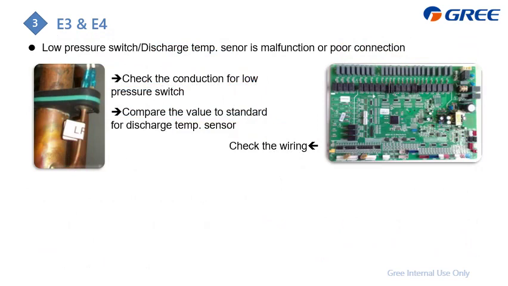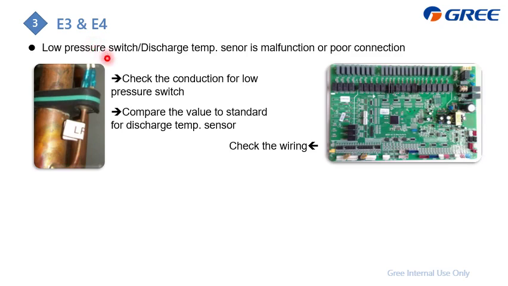Here is the checking of the E3 and E4, and even as a designer, we cannot predict which error will come up first, because for both of these errors the reason is the same, which is the compressor cannot inject enough refrigerant at the suction side, and this will lead to either the pressure being too low at the suction side, or the discharge temperature being too high.